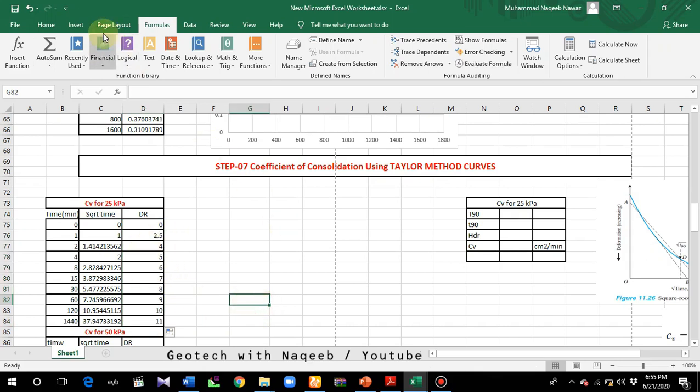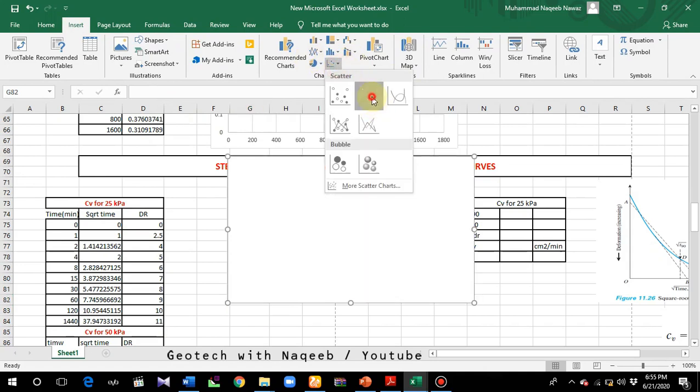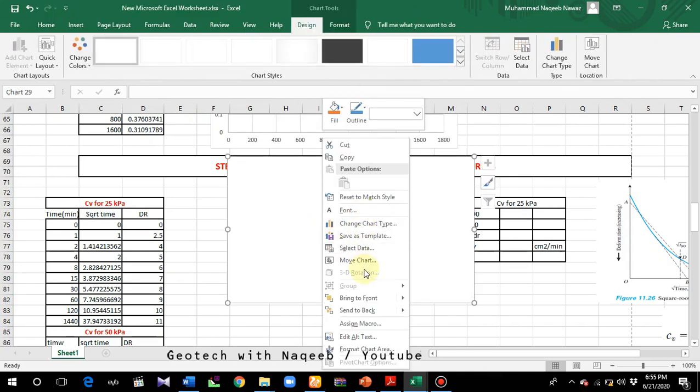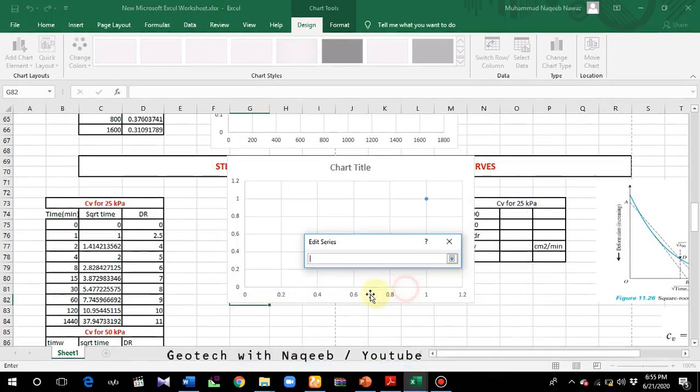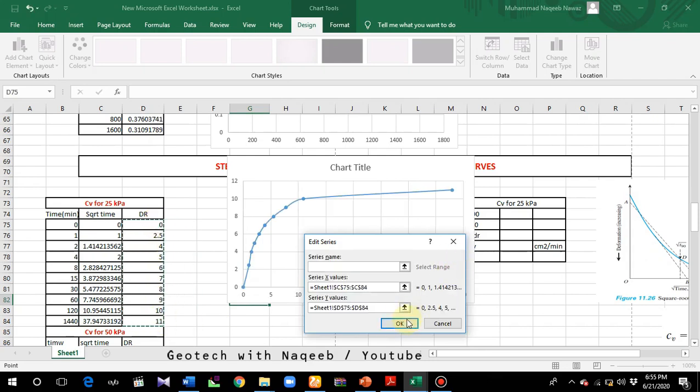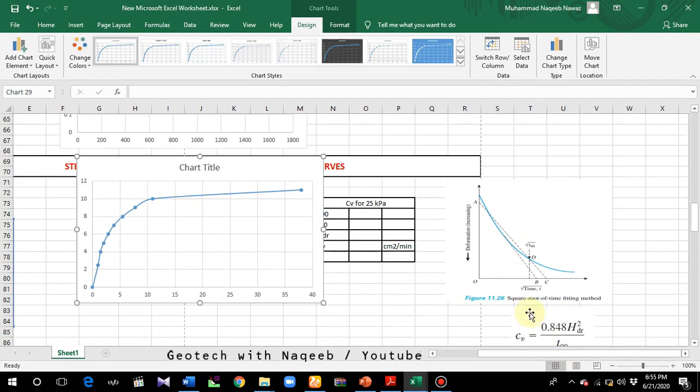Now I'll have to plot a very important graph here. So we'll select this one, select data, and add. Along the x-axis there will be the square root of time values, so I will select these values. Then here are the values of the dial reading. Here is a concept: the graph is plotting, but there is a little conceptual thing over here.